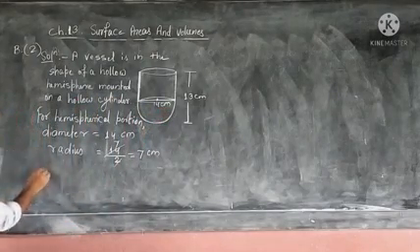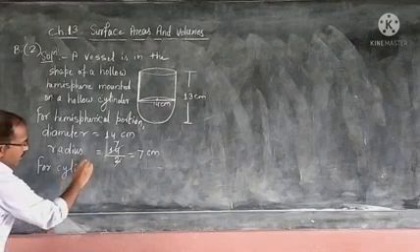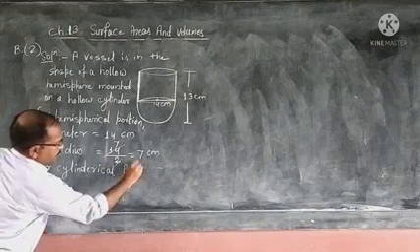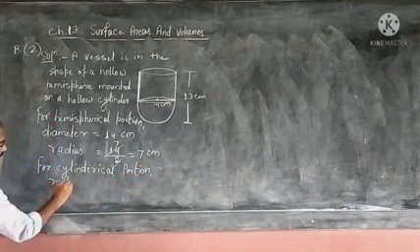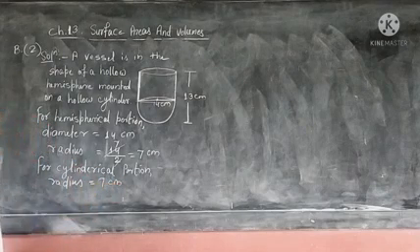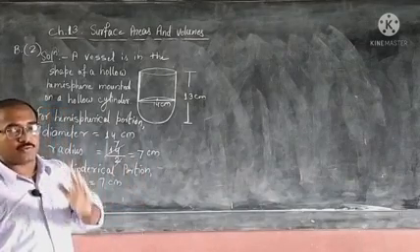So, we will now go to the cylindrical portion. For the cylindrical portion, radius will remain the same. Radius is 7 centimeter only, but we need the height of the cylinder also.